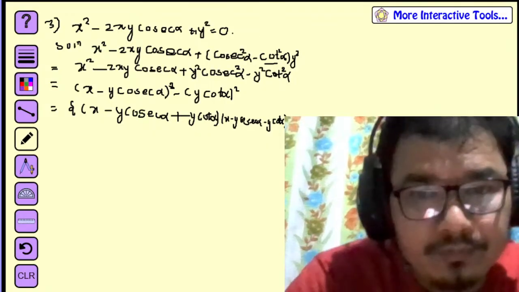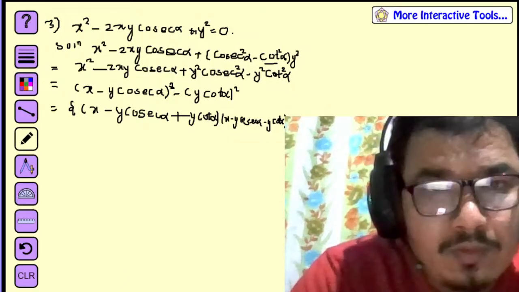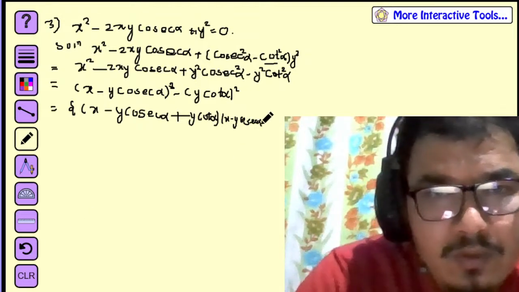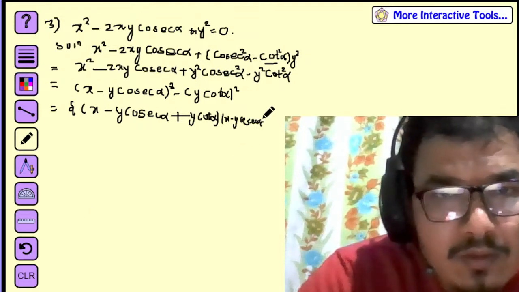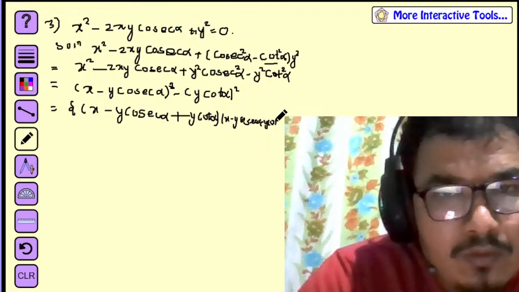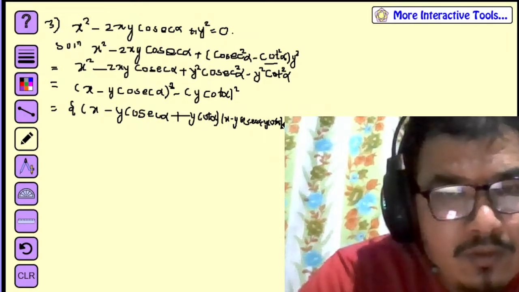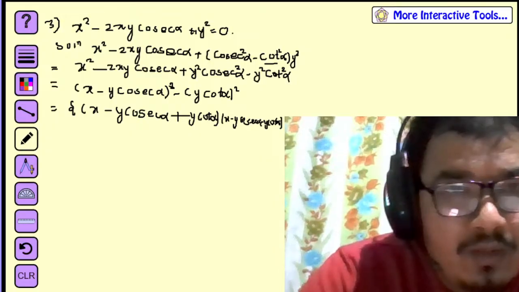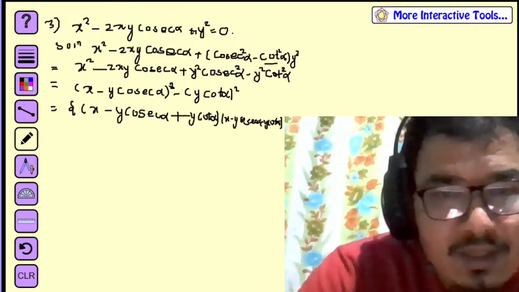Look here. This will be minus y cot alpha. It is hiding there, that's why I'm writing a little bit small: y cot alpha.